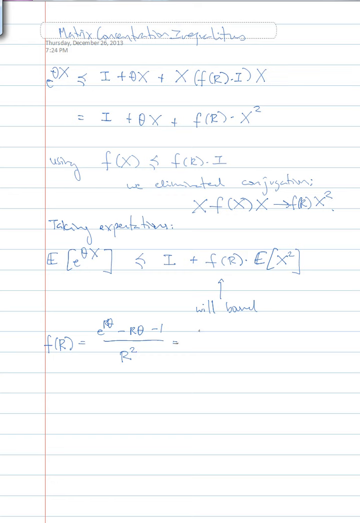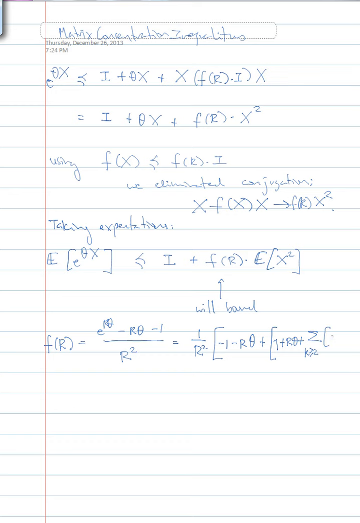So this is equal to 1 over r squared times e to the r theta minus 1 minus r theta, where the expansion of e to the r theta looks like 1 plus r theta plus the sum over k bigger than or equal to 2.